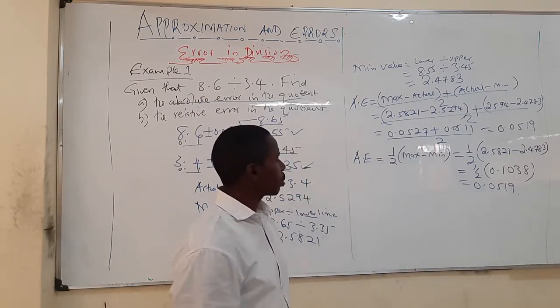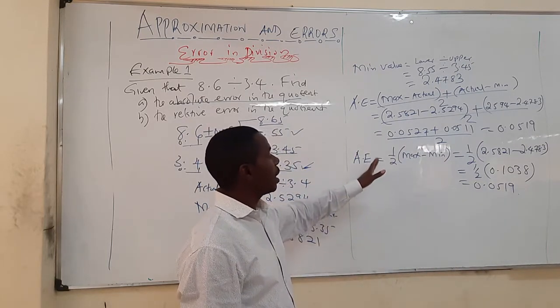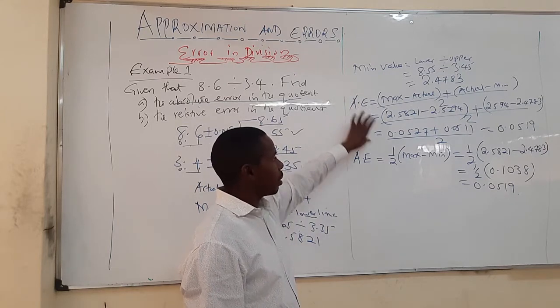So that's how you can get the absolute error, either in that method or the second method.